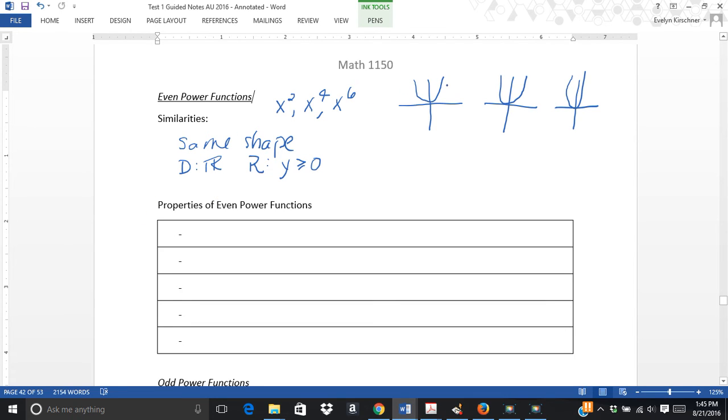We also see, when we talked about symmetry, the graph is symmetric with respect to the y-axis. We also know, as we said before, the domain is the real numbers.